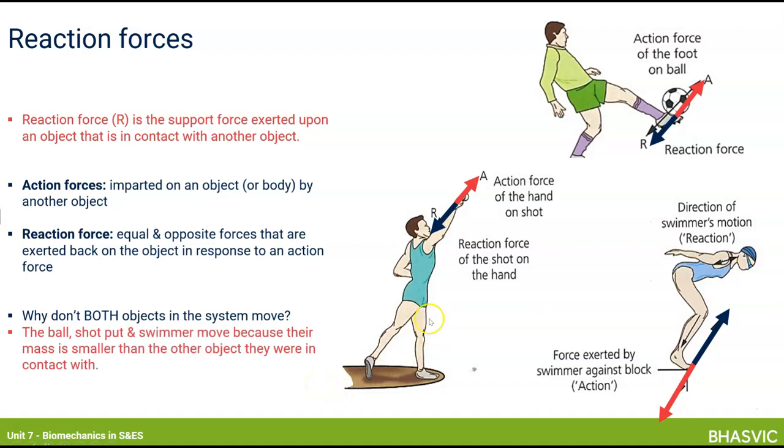Well, the answer is because the football, the shot put and the diver have a relatively small mass compared to the other object. The other object in the shot put example is the athlete. The ball's other object is the athlete, and the swimmer's other object is the block, which is connected to the floor, which is connected to the earth.